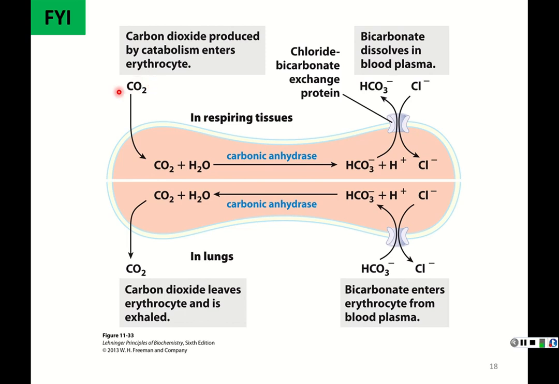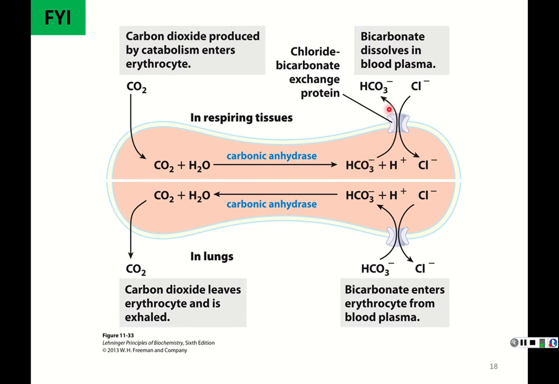Your cells are burning glucose and producing CO2 to get energy. So that CO2 can then come into your blood cell, your erythrocyte, and then combine with water in that reaction catalyzed by carbonic anhydrase and be converted to bicarbonate.